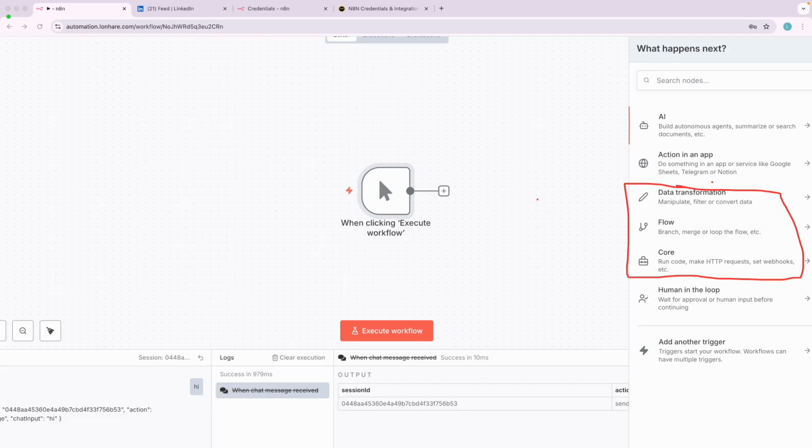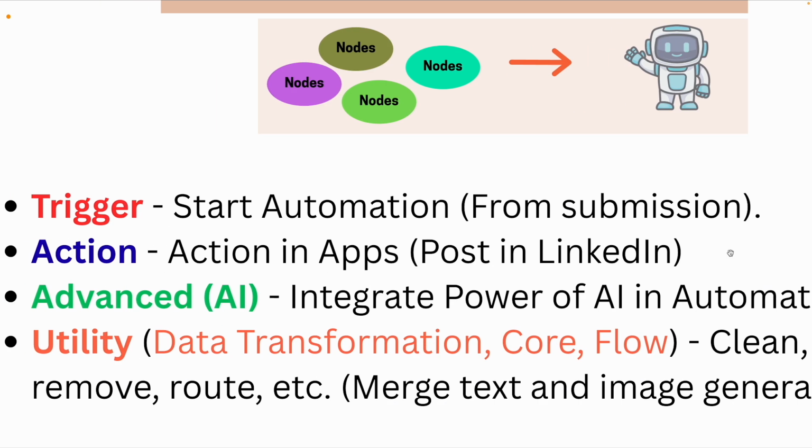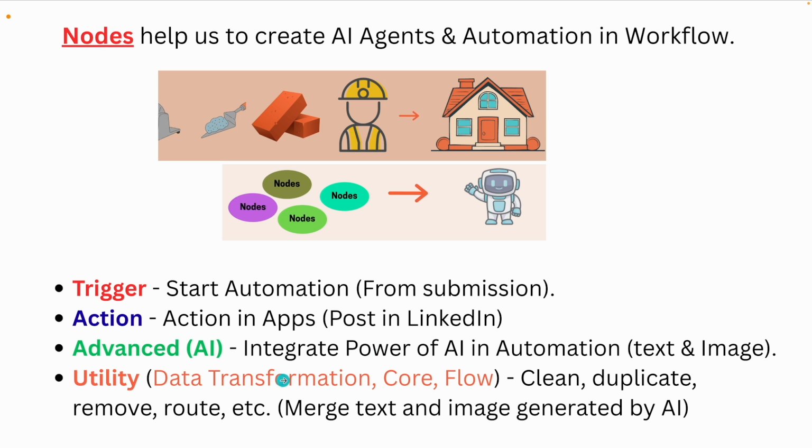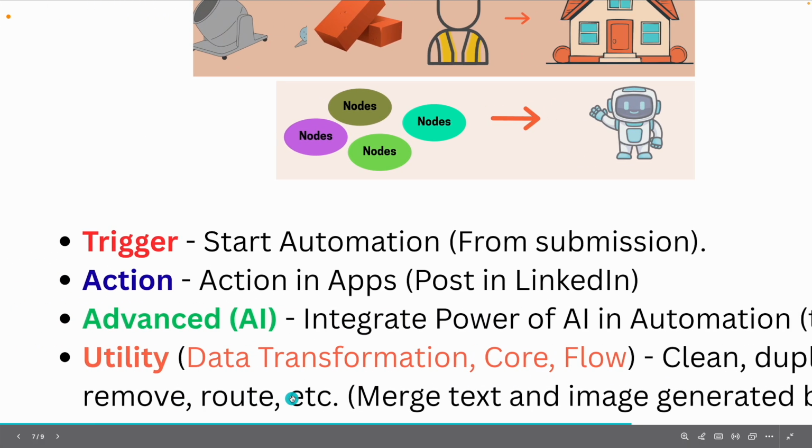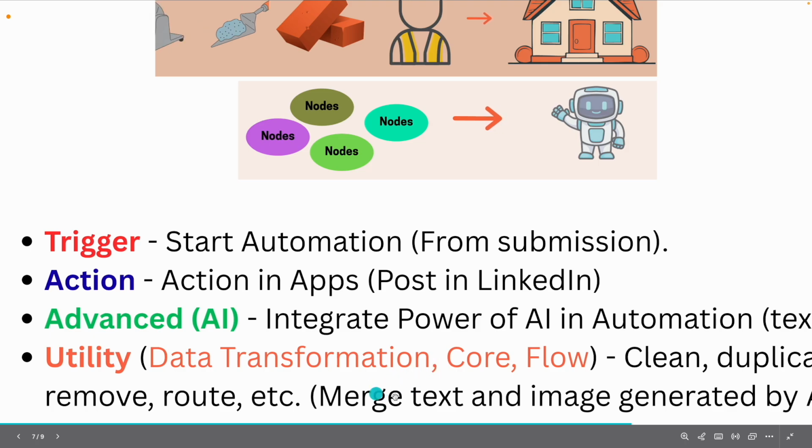This utility type of node is very helpful if you want to play with the data. Whatever data you have, if you want to play with it, in that case we use this utility node. So for example, if you want to clean the data, duplicate the data, remove the data, route the data, or merge the data, that merge thing we will practically see in our LinkedIn example.